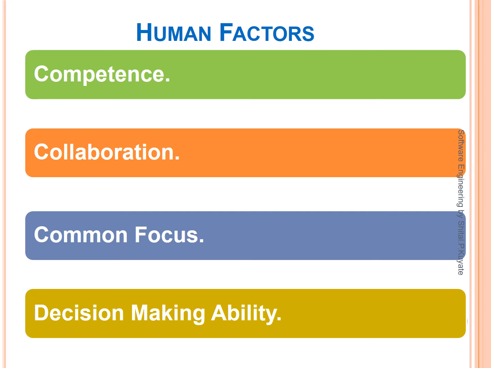The second one is collaboration. Software development is about analyzing, assessing and using information that is communicated to the software project development team. The team members must collaborate with each other to have smooth development. The third human factor is common focus. The team members may perform various tasks and bring different skills to the project.